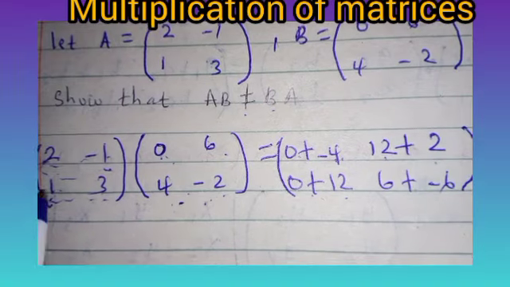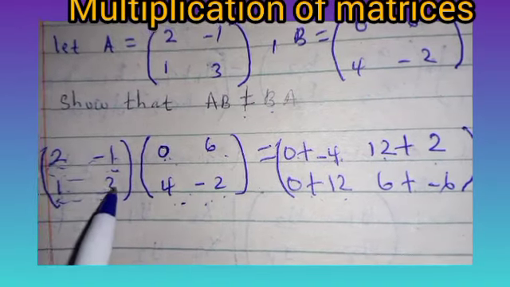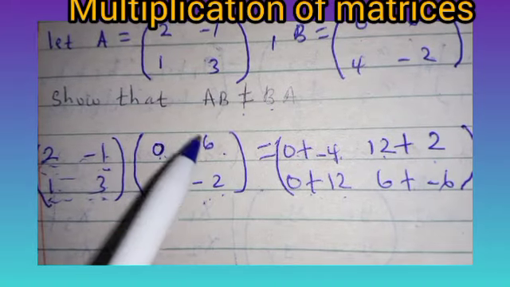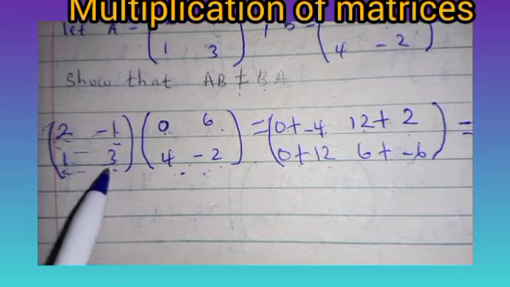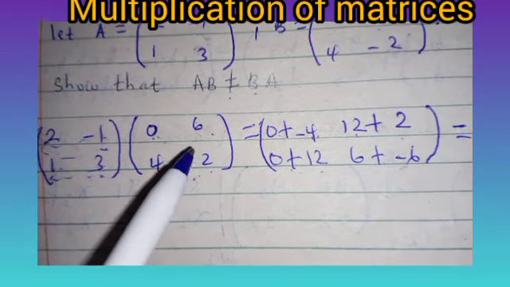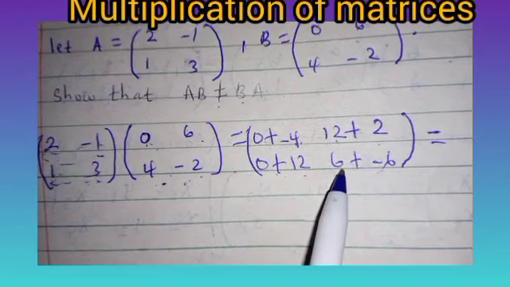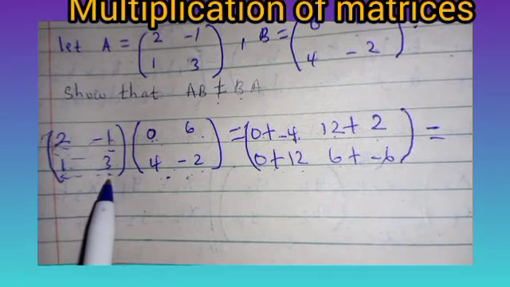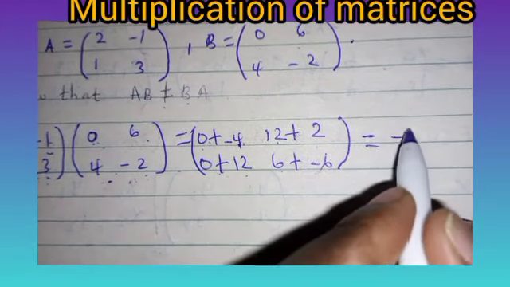Then the second row multiplying by the second column gives you the last element here: 1 times 6 to give you 6, 3 multiplying by negative 2 to give you negative 6.